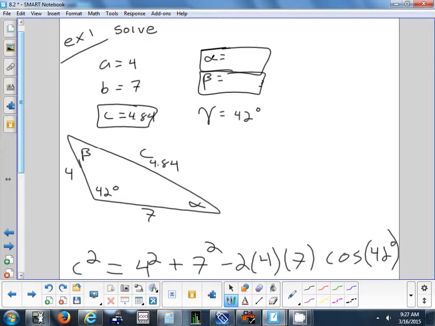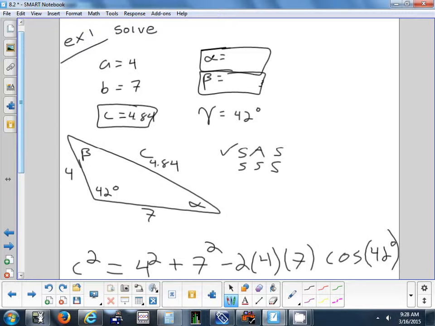Instead of just being a side angle side triangle, that's the original. What other kind of triangle is it now? Yep. Side, side, side, which we would still use law of cosines for. And what other way could you view this triangle?